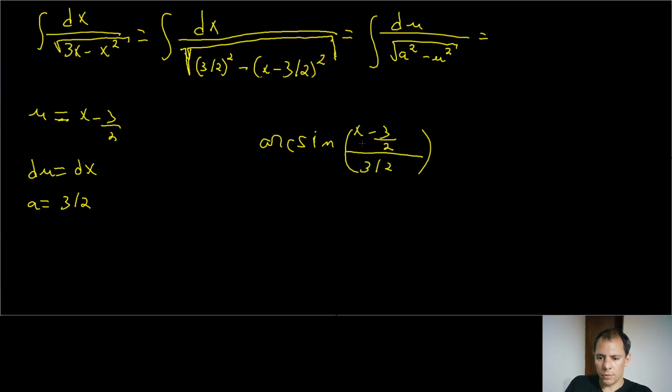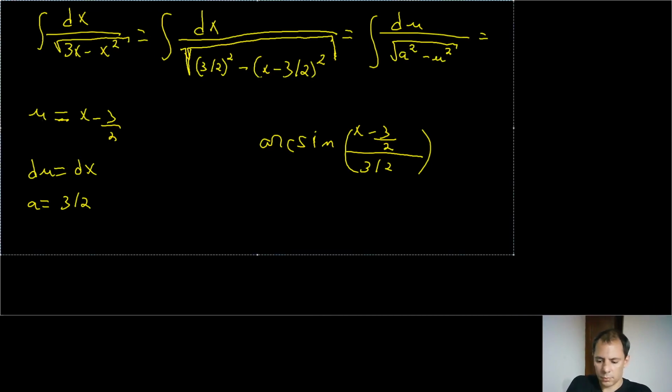Now, of course, you can put this thing in the proper order, but you don't have to. I'm just going to leave it like that. Doesn't matter. I don't know if I'm done. I think I'm done.